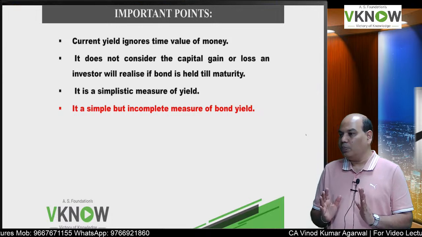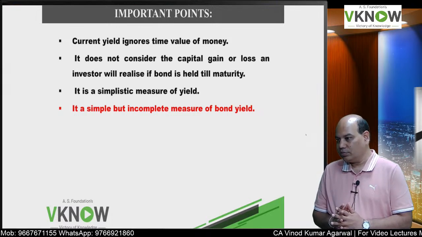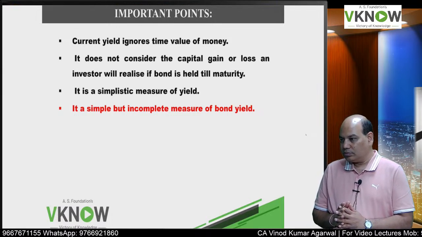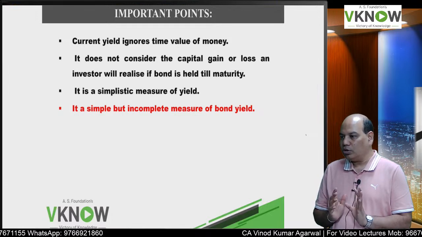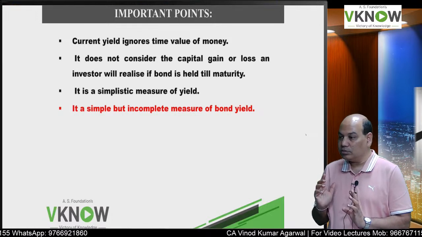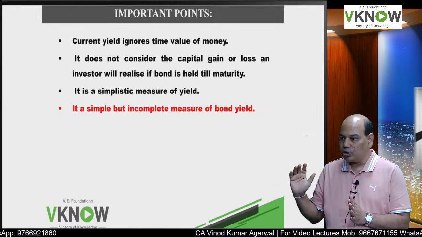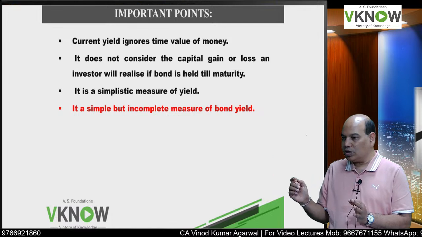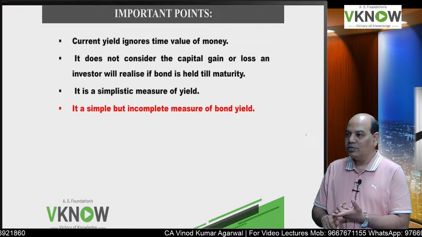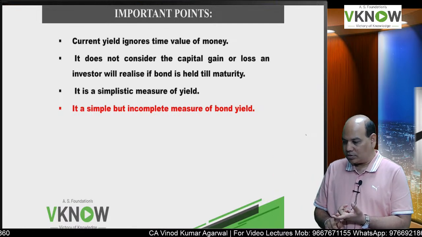Now some important points about current yield. In current yield, we ignore the time value of money. Suppose it's a 10-year bond, but you have not considered the cash flows at different points of time. You have only considered the coupon and the current market price.